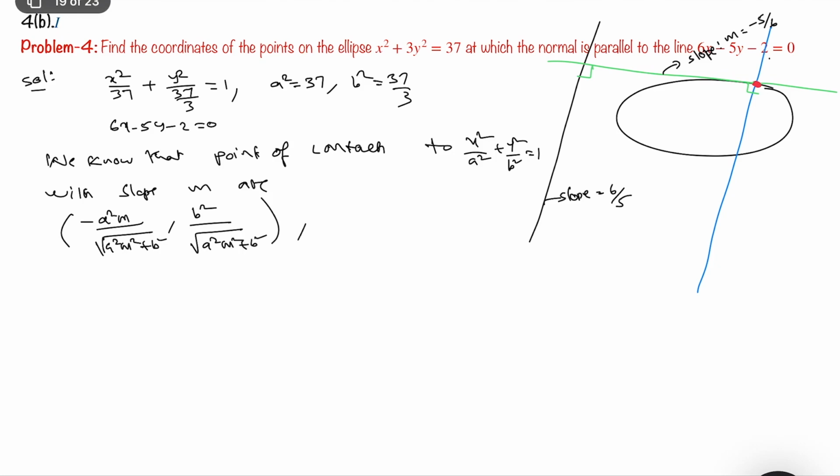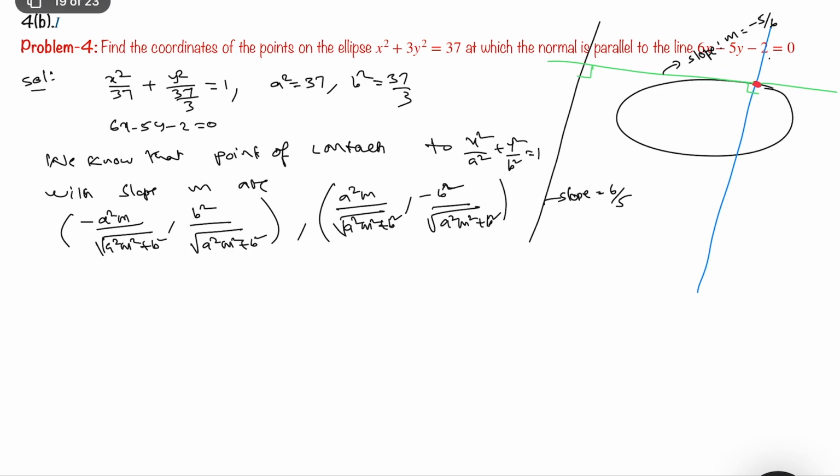This is one. The other one will be a square m by under root a square m square plus b square, comma, minus b square by under root a square m square plus b square.